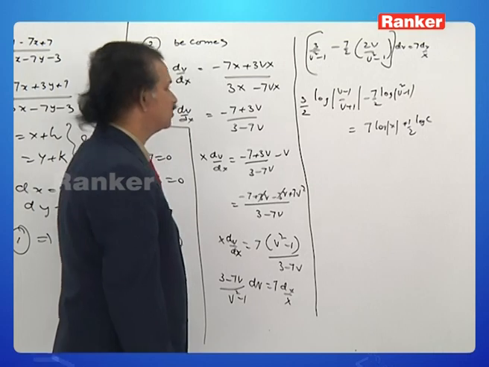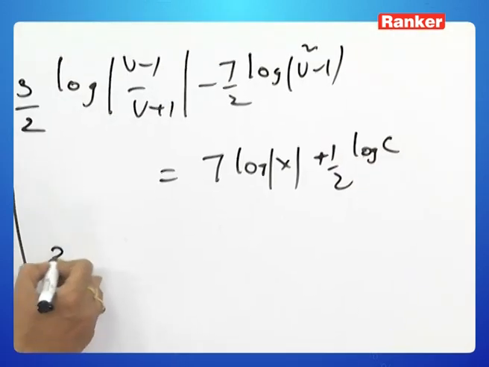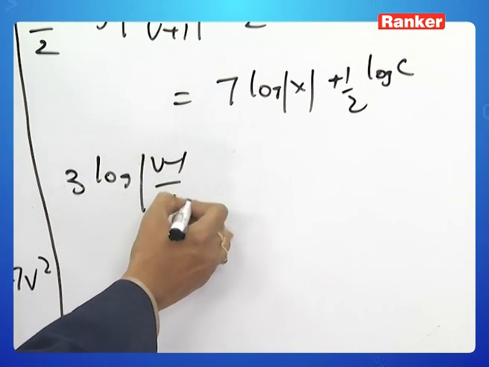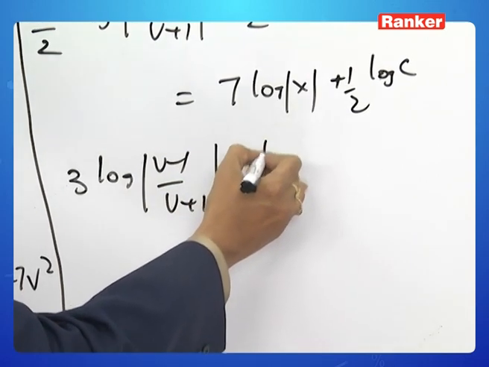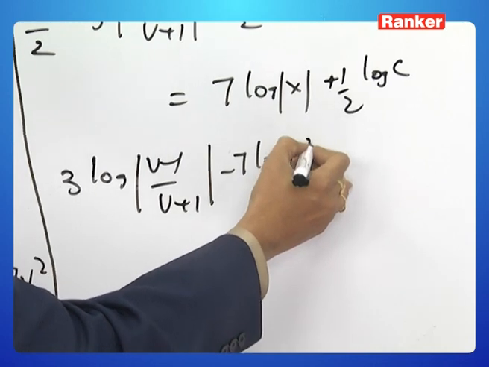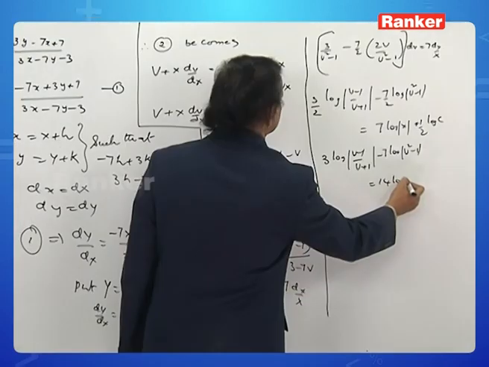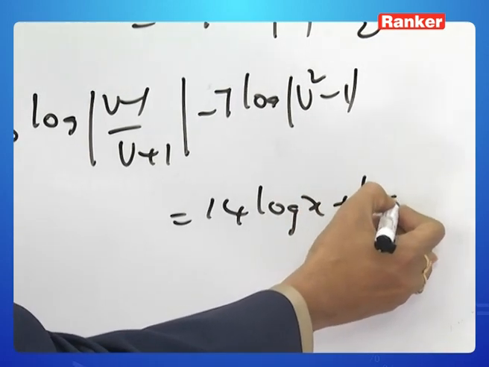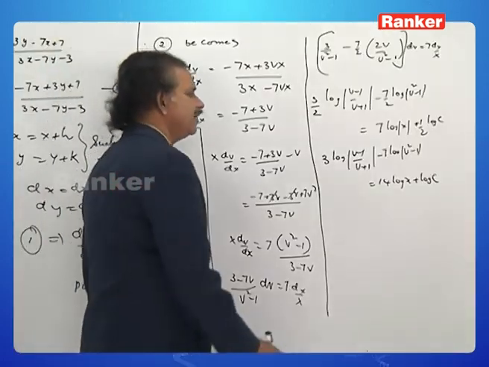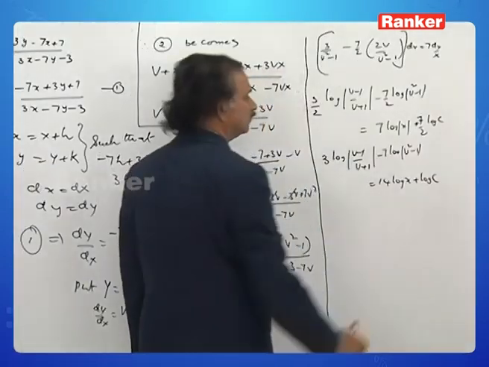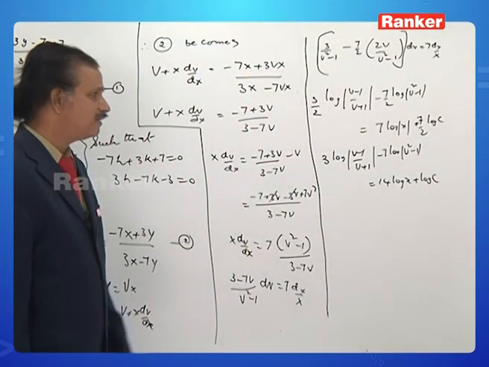Now multiply this with 2. What happens? 3 into log mod v minus 1 by v plus 1, minus 7 into log mod v square minus 1 is equal to 14 log x plus log c. Or even in the place here itself you can have 7 by 2 log c.